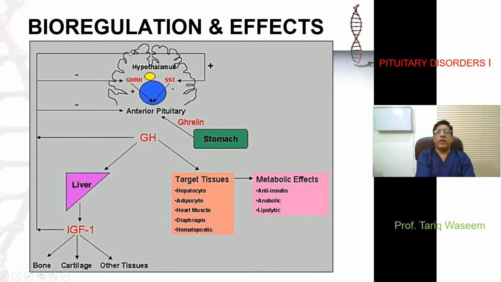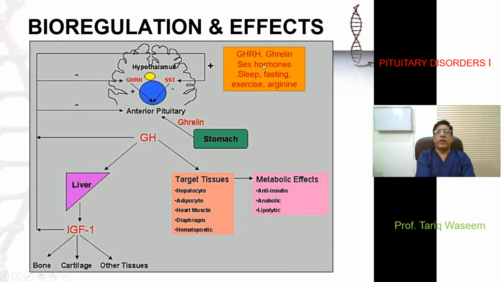One results in a positive effect, and the other results in a negative or inhibitory effect on it. And from the anterior pituitary, you have a release of growth hormone. Growth hormone, of course, at its level would have a negative effect on the hypothalamus and pituitary, so that secretion is decreased, and it may have a positive effect on the release of somatostatin.